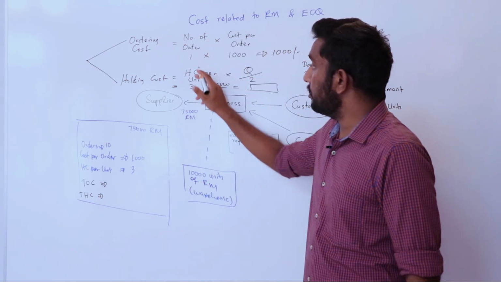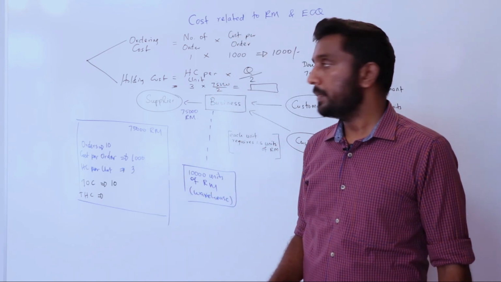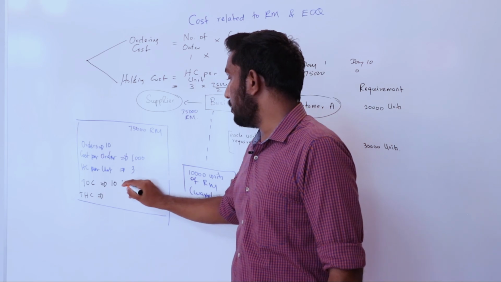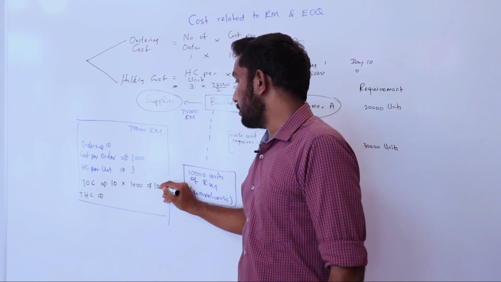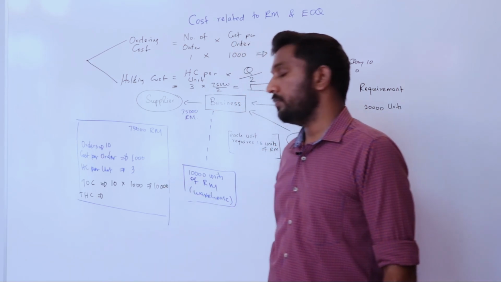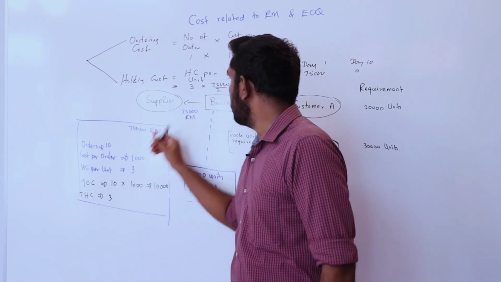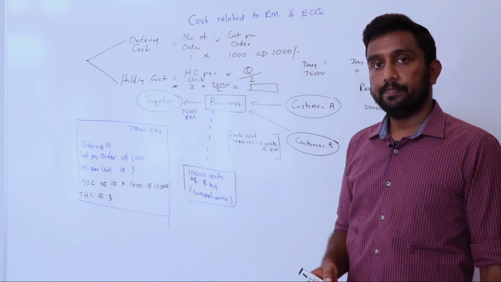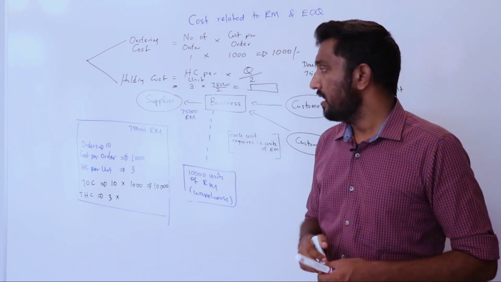So for total ordering cost, I'm going to have 10 orders and my cost per order is 1,000. So my total ordering cost is 10,000. Total holding cost: my cost per unit is 3. How many units am I going to hold?